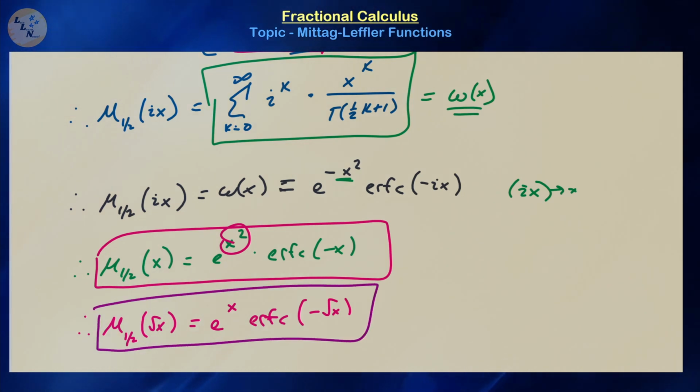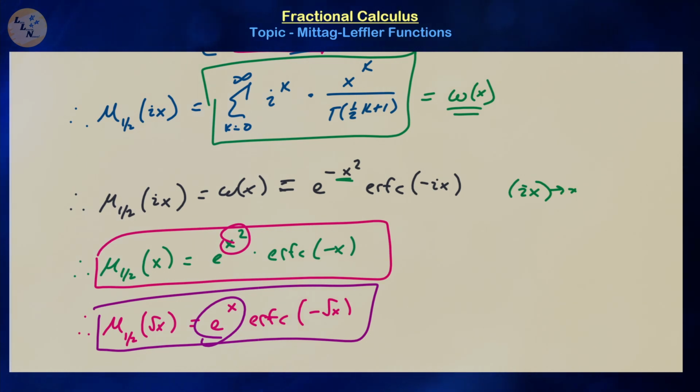Right? So we have another connection to other functions via the Mittag-Leffler function, but now it's a multiplicative combination of the complementary error function, which has several applications in stats and probability, and a friendly little exponential term. Right? So those are some connections and properties associated to other functions for the Mittag-Leffler function.